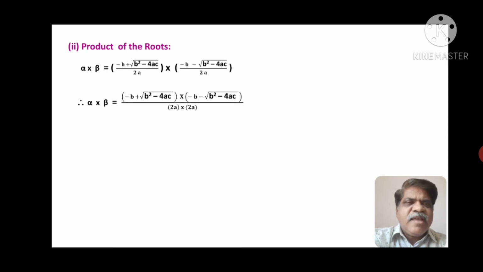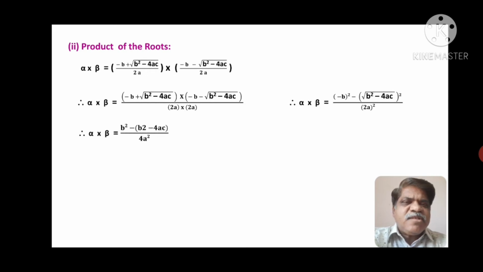Product is there. We can use here the a plus b, a minus b formula. Accordingly, the next step will be alpha into beta is equal to minus b square minus under root b square minus 4ac, bracket has to square, upon 2a square.